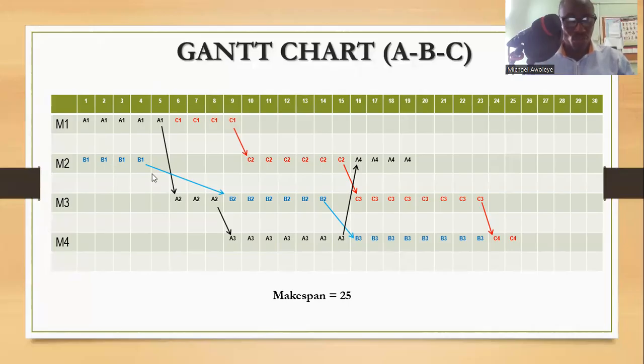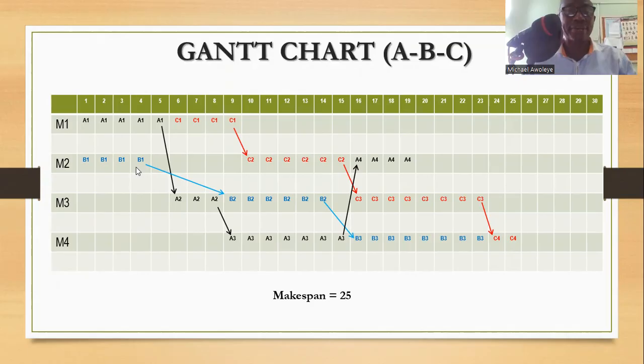And then operation B2 is going to be on machine 3 for the next 6 days. Like I have said, you cannot go backward. That's why we're not counting 6 days from here, 1, 2, 3, 4, 5. We can't count because there's no more space there to occupy 6 days.